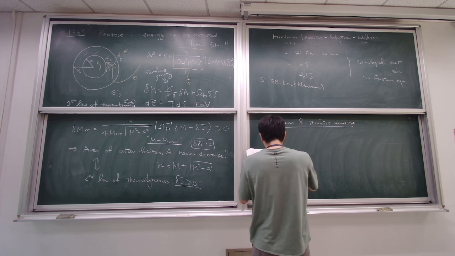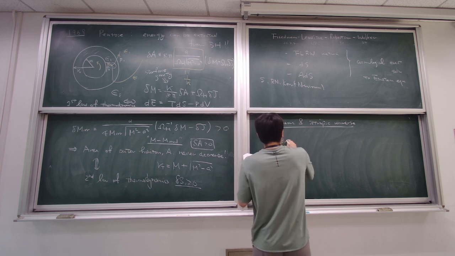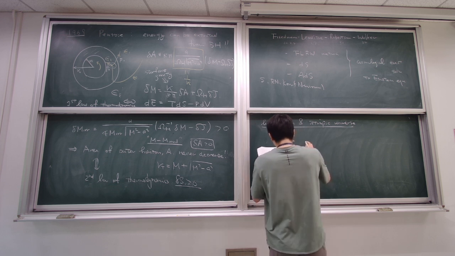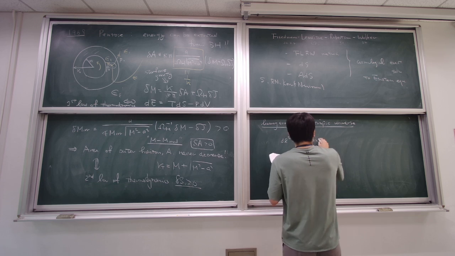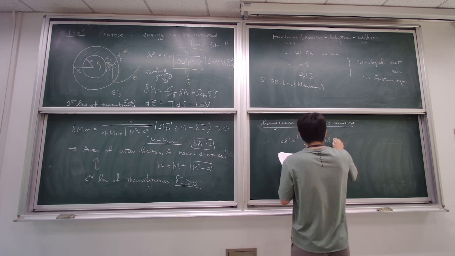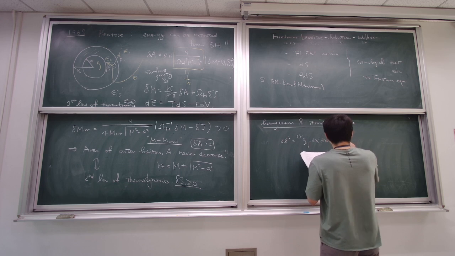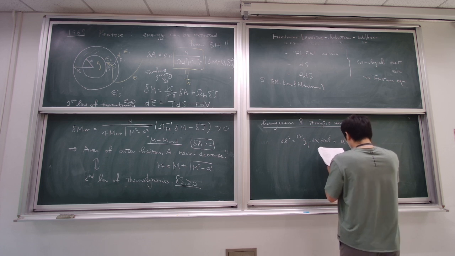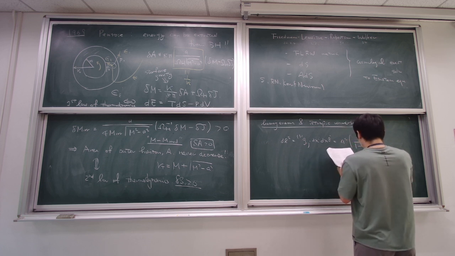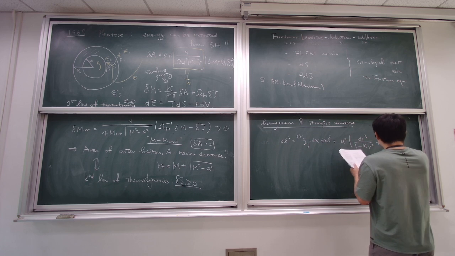We assume the following form. The metric is of this kind of form, g_ij dx^i dx^j. This is the three-dimensional metric, which takes the following form: a squared, dr squared, sigma_ab.